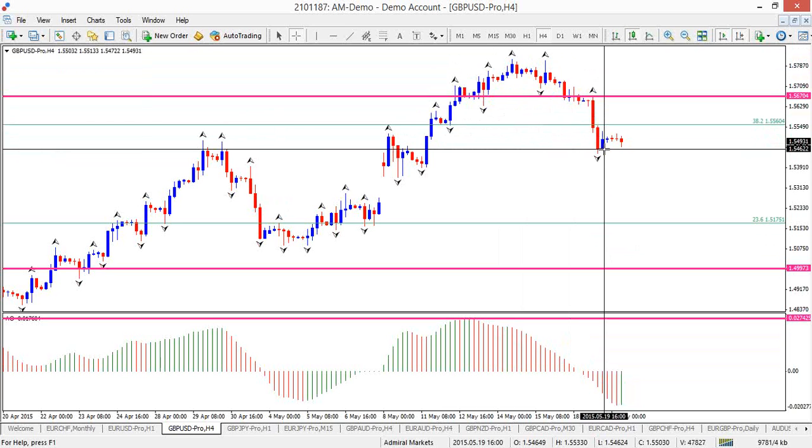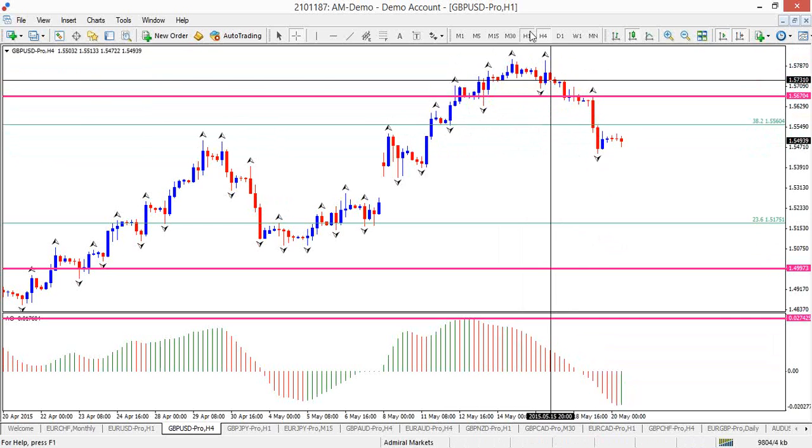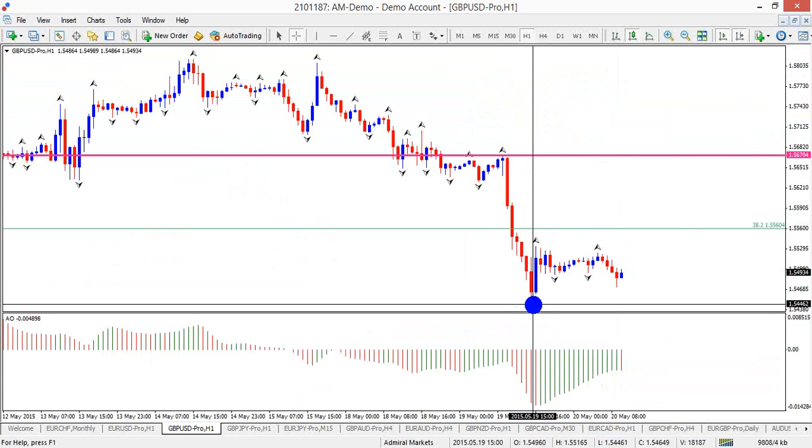If we wait to the end of London, we have an idea how far it has pushed. Going long at the end of the session is better, because then we know, okay, it pushed all the way to 154.45, not to the 155.50 like I thought.